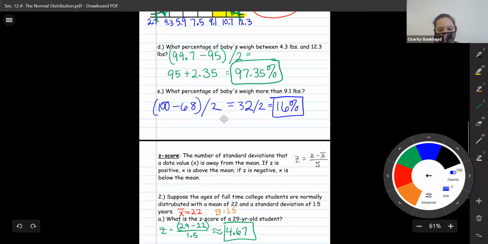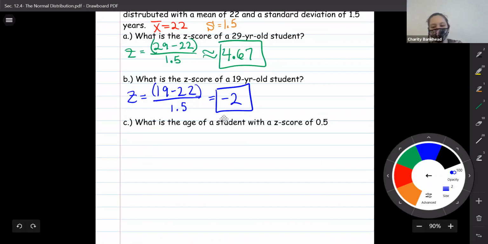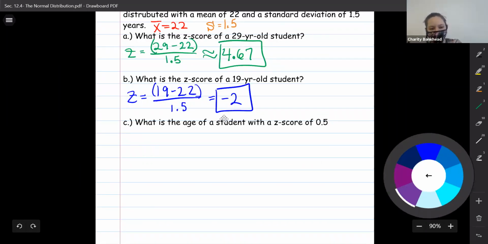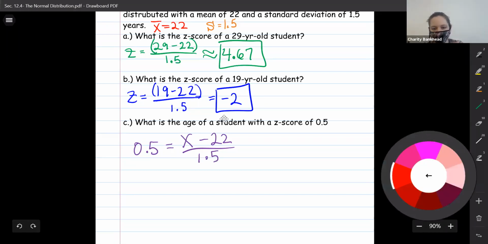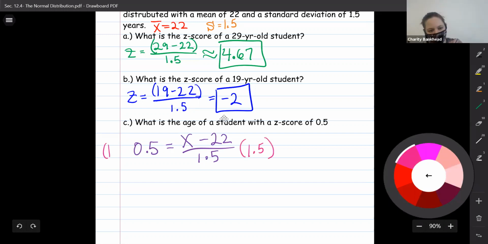And what is the age of a student with a z-score of 0.5? So 0.5 equals x minus 22 over 1.5. So to solve for x, I will start by multiplying both sides by 1.5.